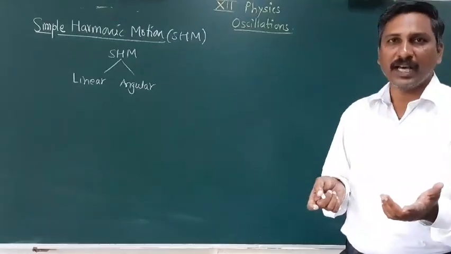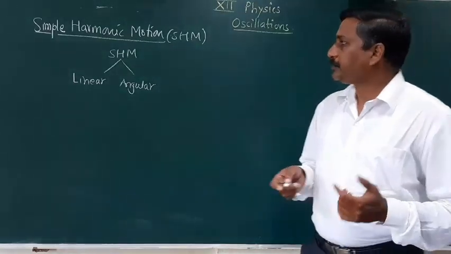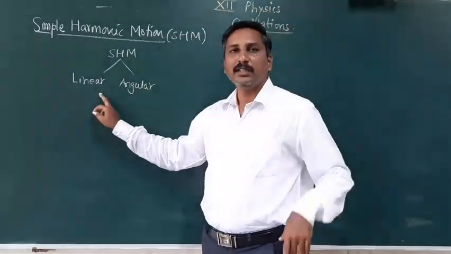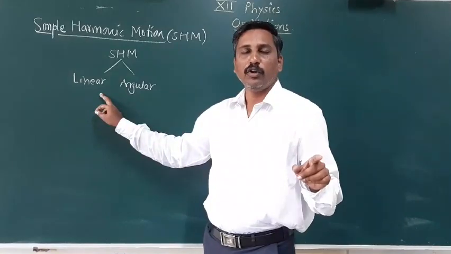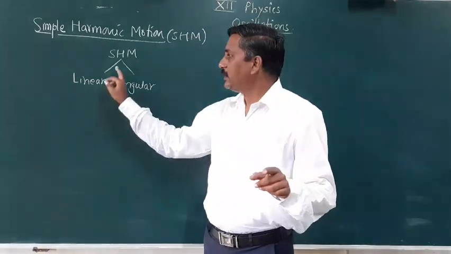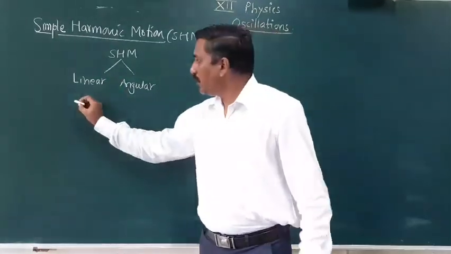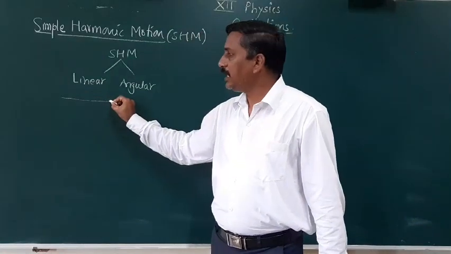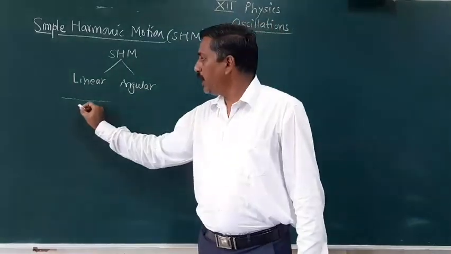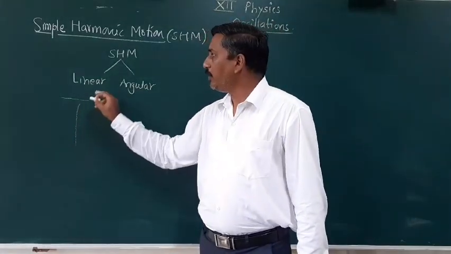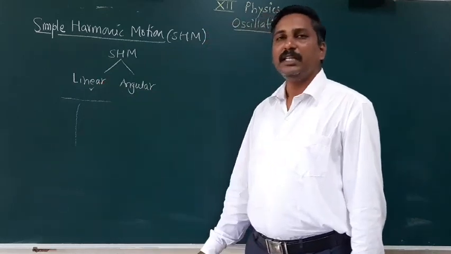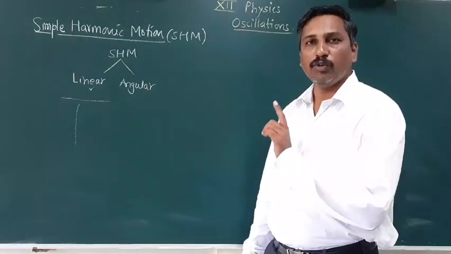And if it follows a linear path, traveling along a straight line, either to and fro or up and down, then the motion is called linear simple harmonic motion.